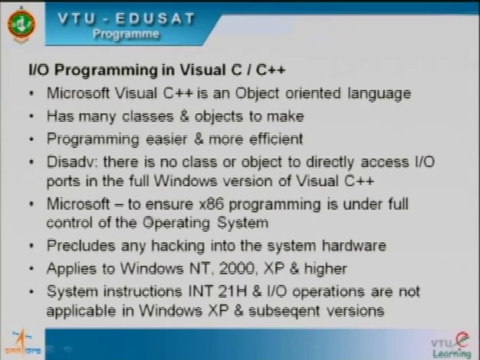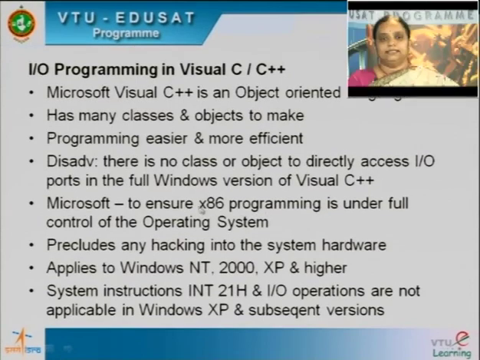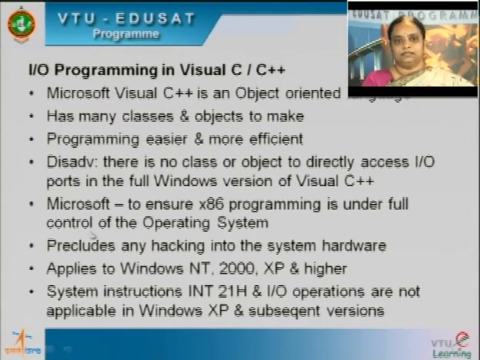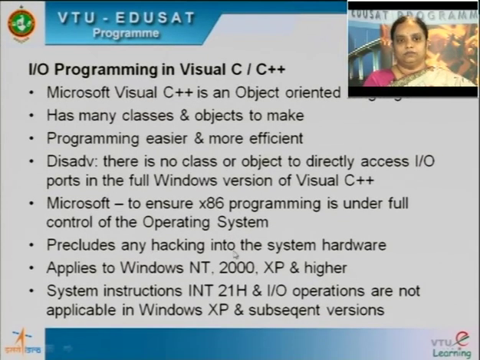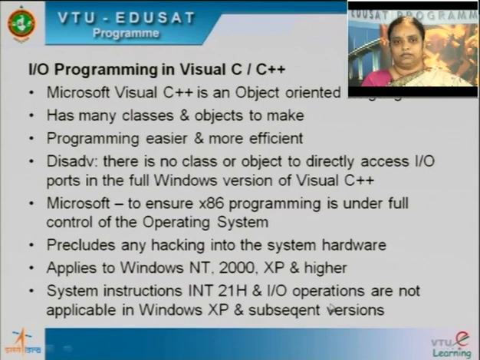And why did Microsoft do this? This is to ensure that x86 programming is under the full control of the operating system, and it precludes any hacking into the system hardware. Especially for Windows NT, 2000, XP and higher, you cannot have direct access to the I/O ports, and not only I/O operation, the IN and OUT instructions.